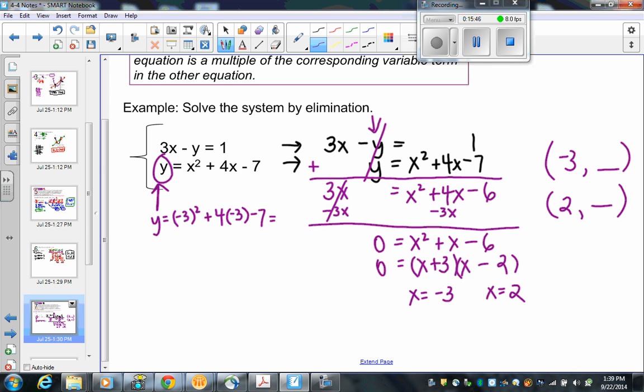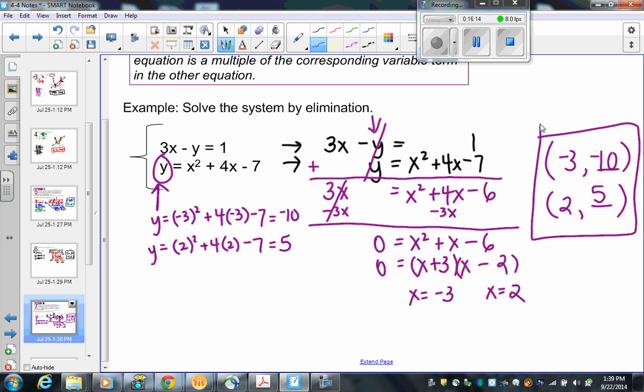And when I simplify that out, I should get y equals, let's see, I think that's -10. And then when I plug in my value of 2, squared plus 4 times 2 minus 7 leaves us with 5. So these would be our solutions or our intersection points for the quadratic equation and the linear equation.